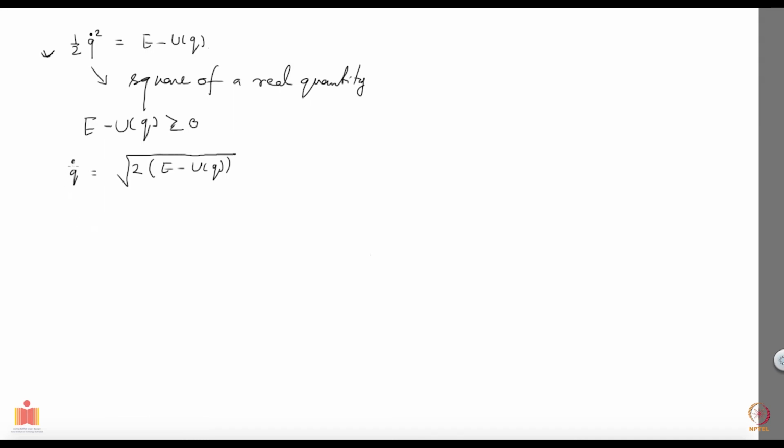So you write this as dq over dt. So I take dt, I can jump one step, there's no need to write again.